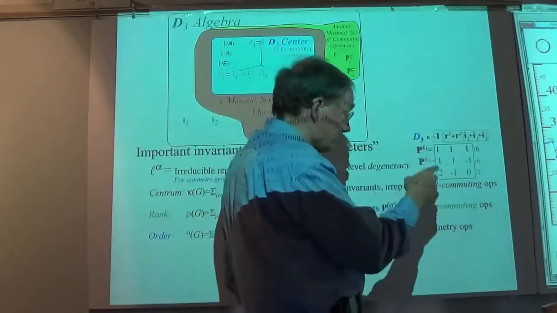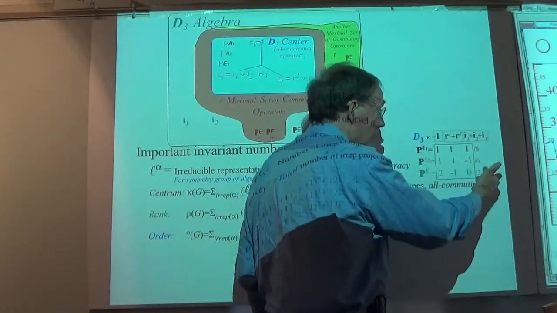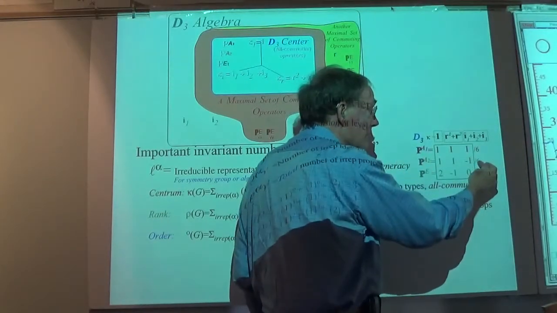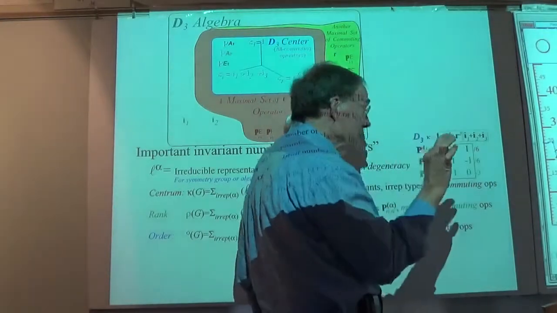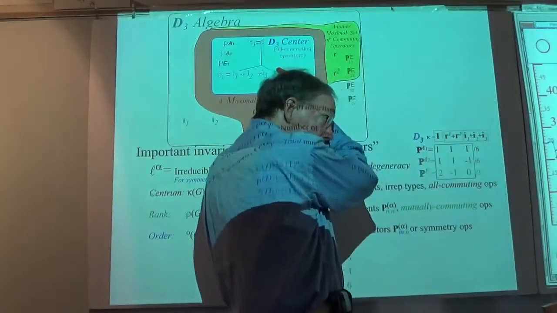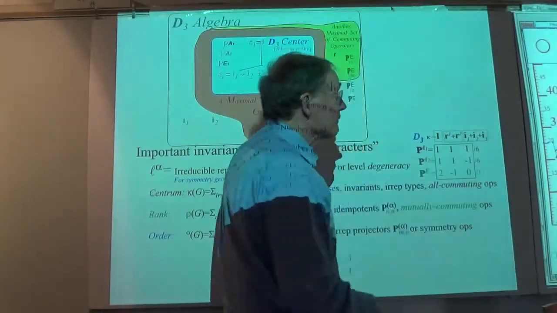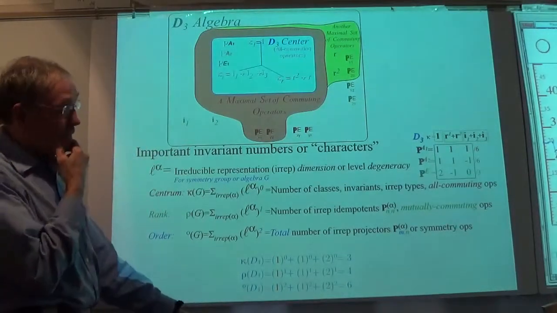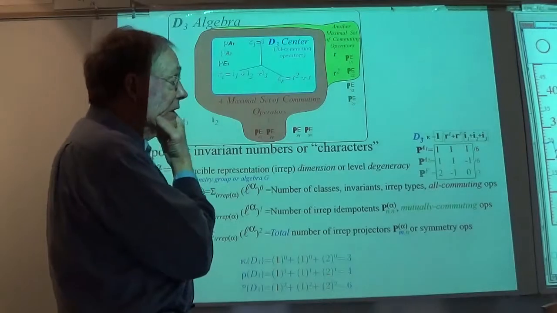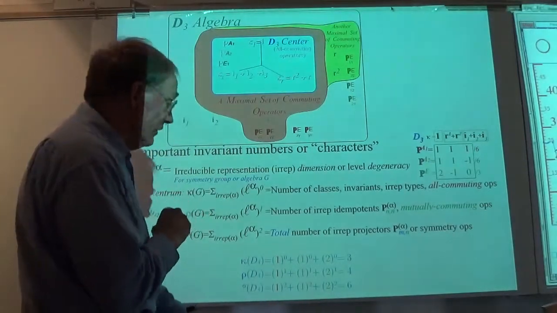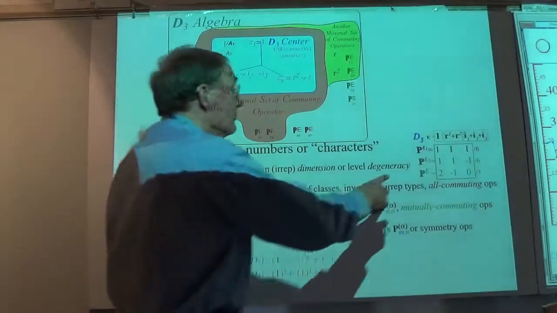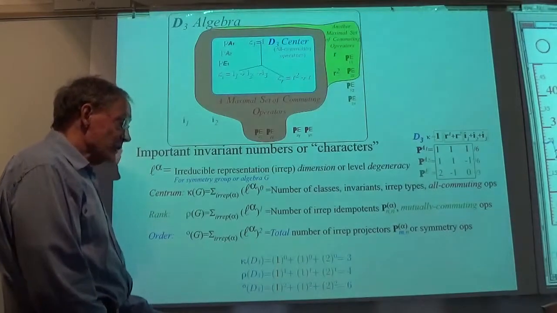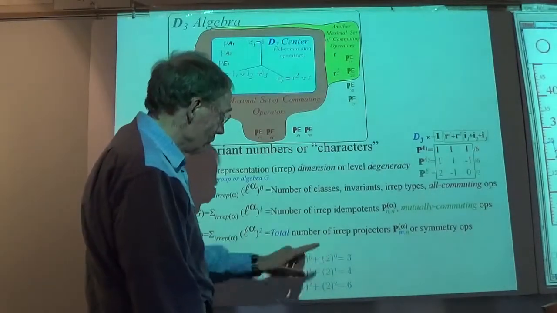And then the coefficients of the projectors have the order of the group divided by the dimension of that particular row as the normalization factors, if you would like to call the denominator that goes with the projection idempotent coefficients. Okay, so just looking at this column, we have the dimensions 1, 1, 2.